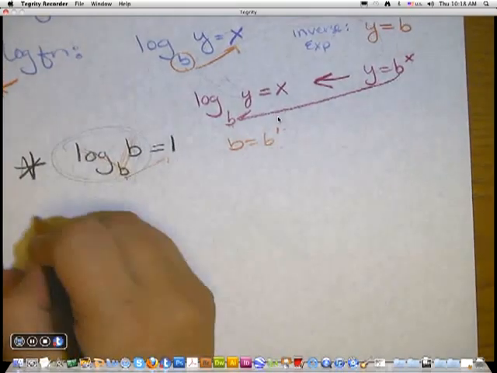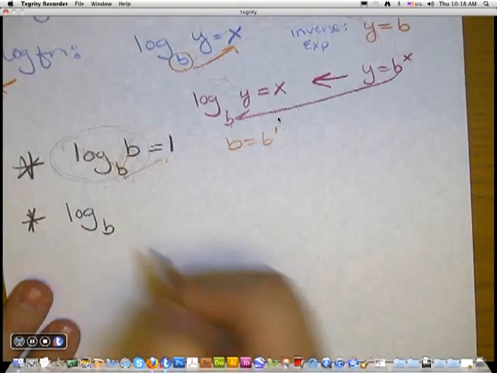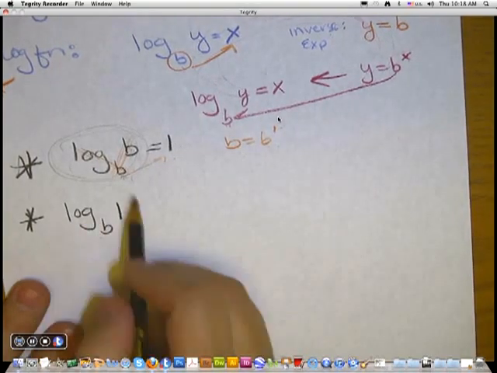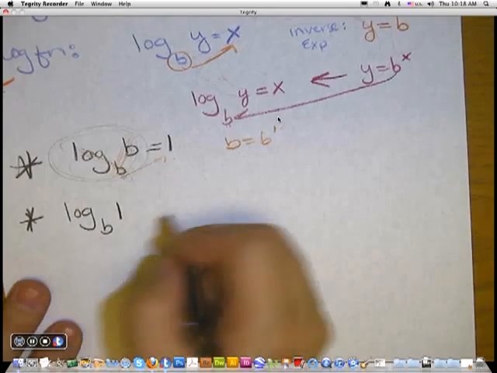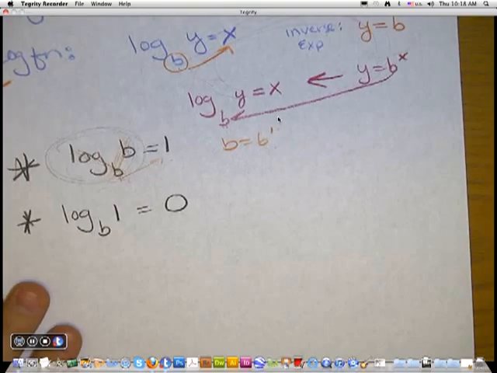All right, so the next property: if I have log base b of 1, the value of this is 0.